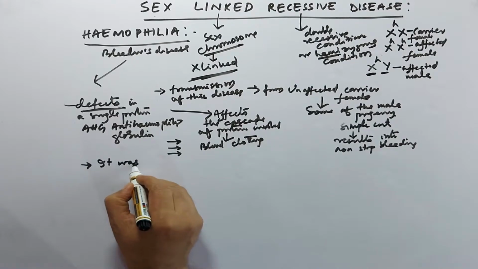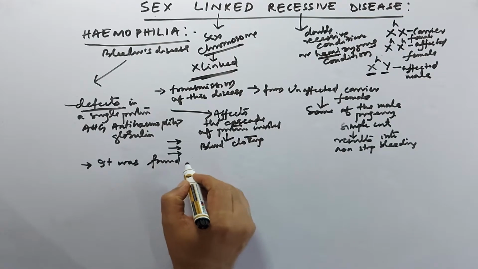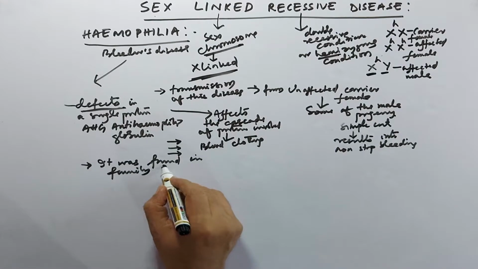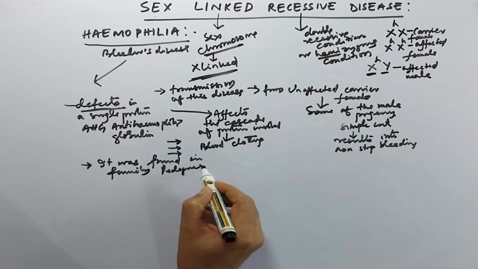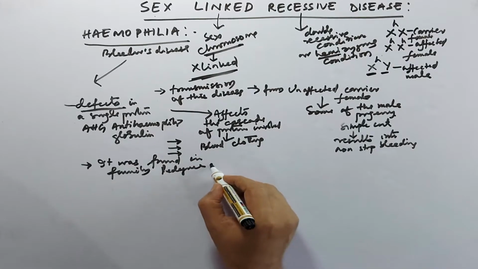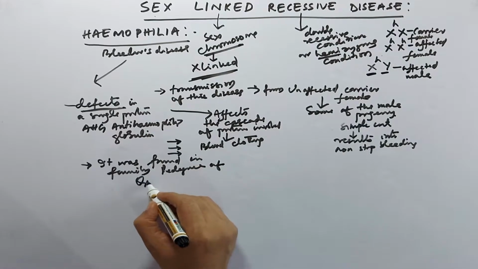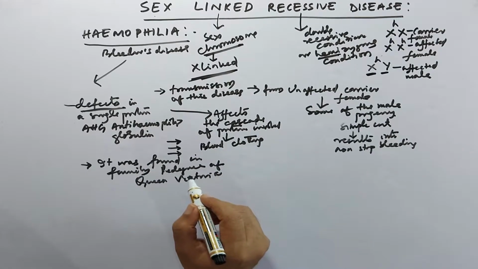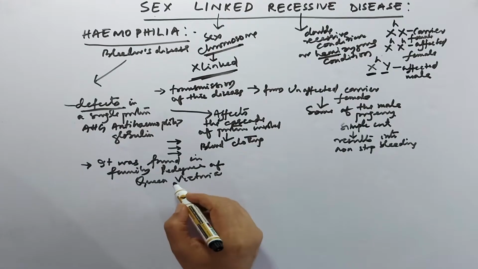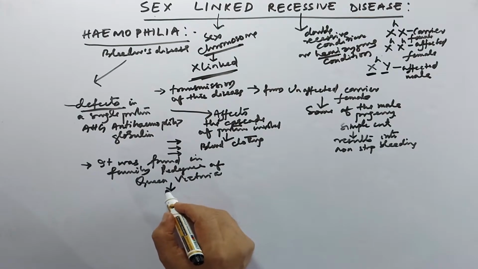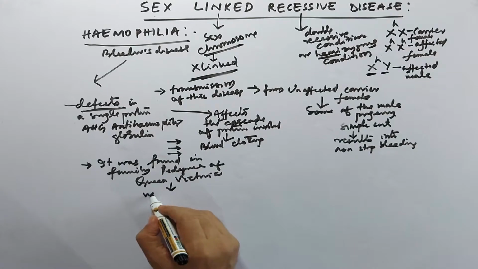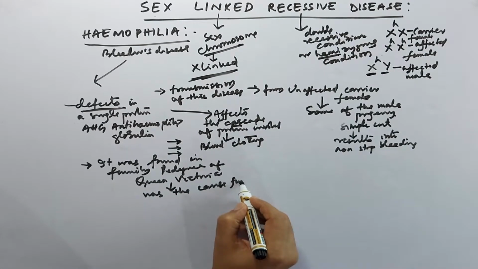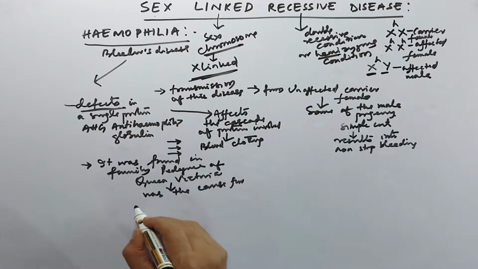It was found in the family pedigree of Queen Victoria, where Queen Victoria was the cause for hemophilic descendants.